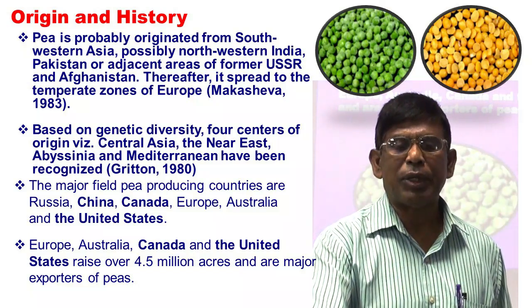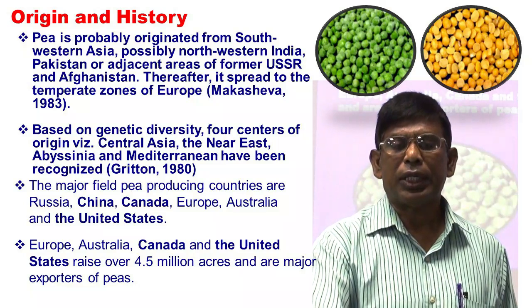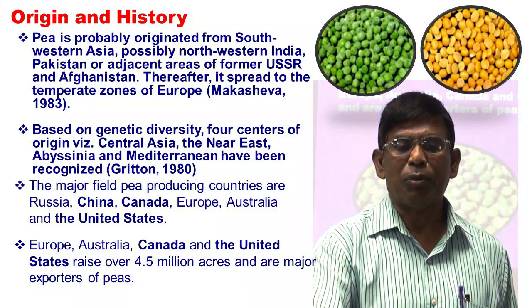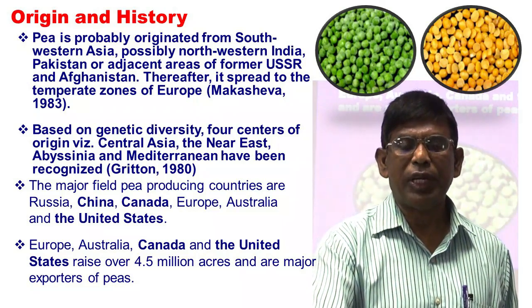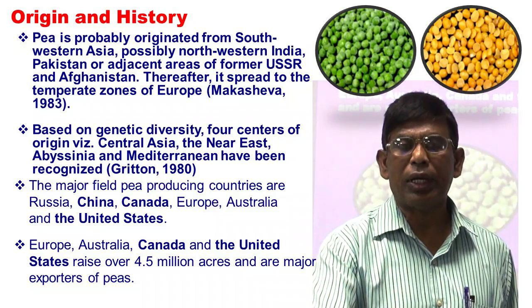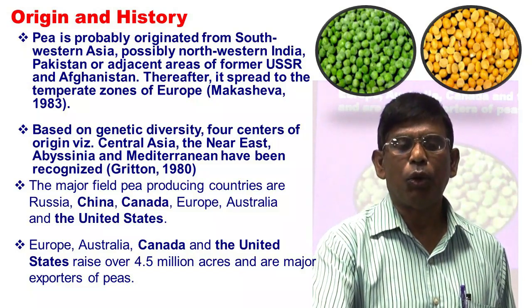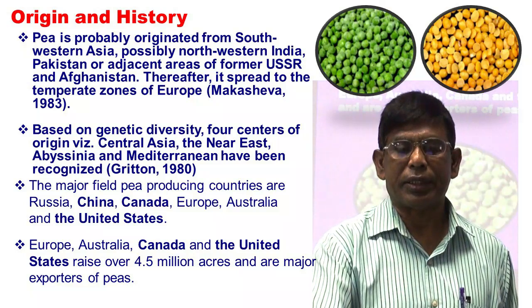Based on genetic diversity, 4 centers of origin, Central Asia, the Near East, Abyssinia and Mediterranean, have been recognized. The major field pea producing countries are Russia, China, Canada, Europe, Australia and the United States.